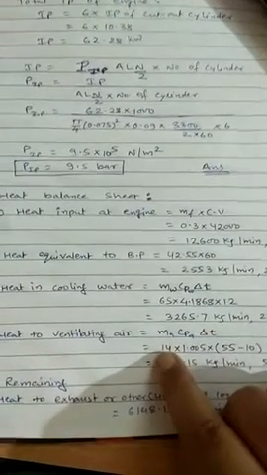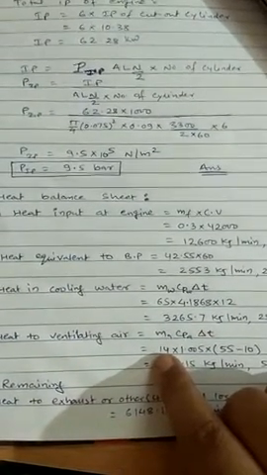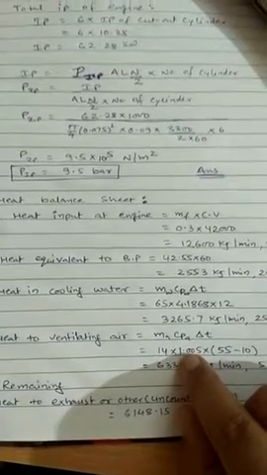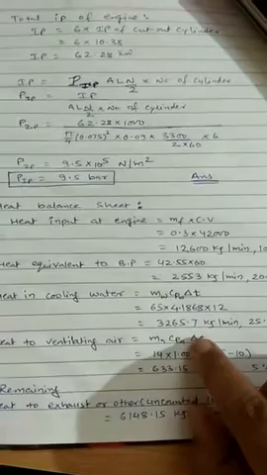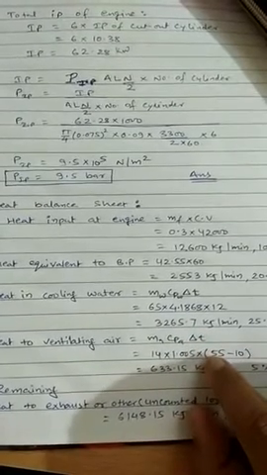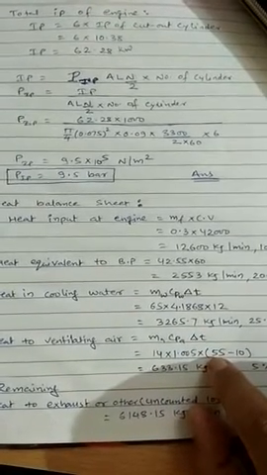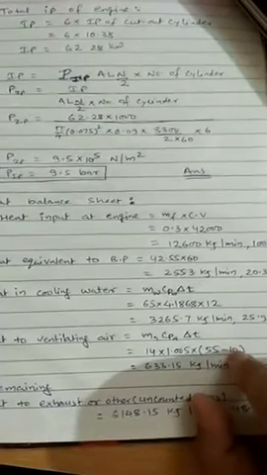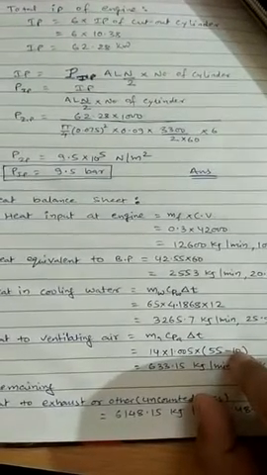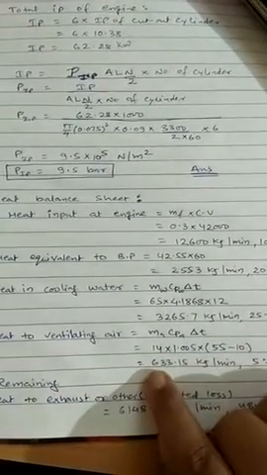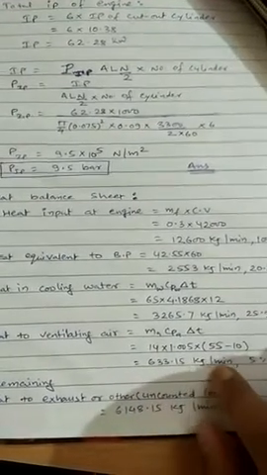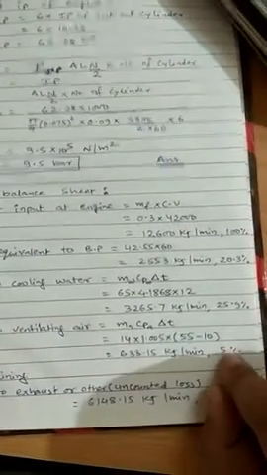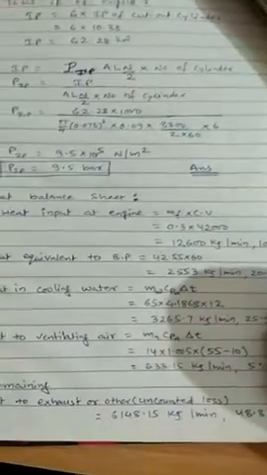Mass of air is given as 14 kg per minute, Cp we assume 1.005, and temperature difference is air leaving at 55 degrees Celsius and entering at 10. After calculating, we find 633.15 kilojoule per minute. This is 5% of total heat.